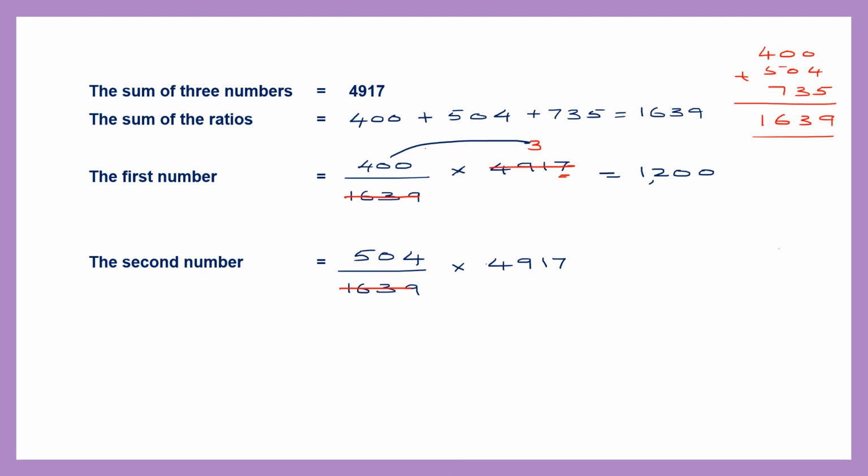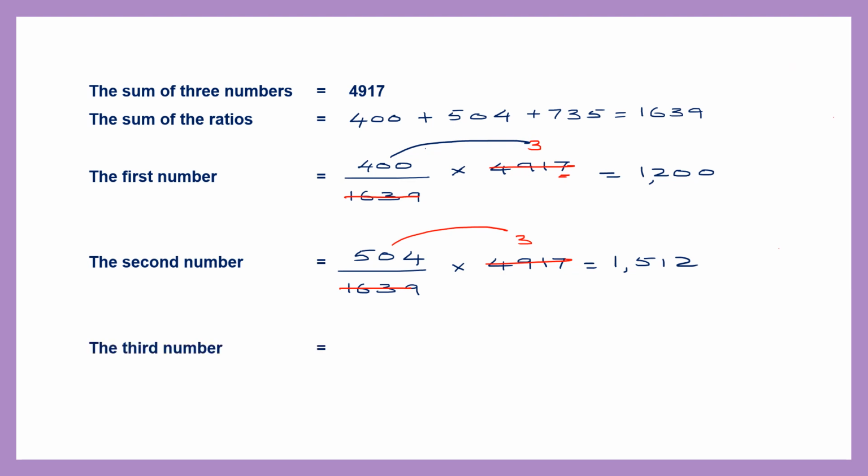Cancel this and write 3. Now multiply 504 into 3. So 504 into 3. 3 fours are 12, carry 1. 3 zeros are 0, so you put 1 there. 3 fives are 15. So we have our next number, which is 1512.